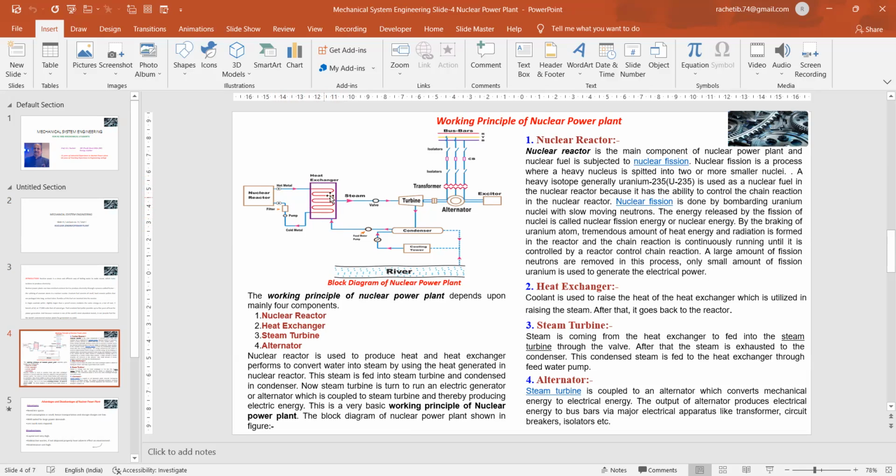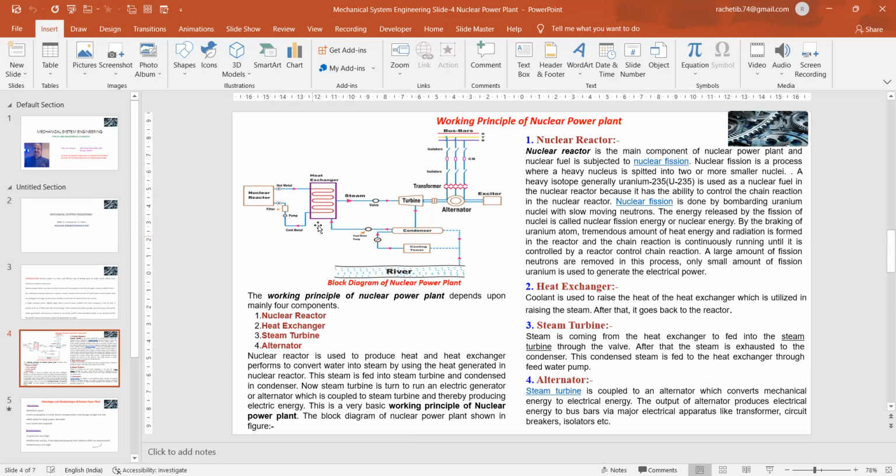So after giving its heat, it becomes slightly cool, and that cooled metal is pumped back to the nuclear reactor, where the endless process of fissioning is taking place, and continuous heat is being generated and is being fed to this heavy coolant, and the circuit continues. So this is about the primary circuit we have seen.